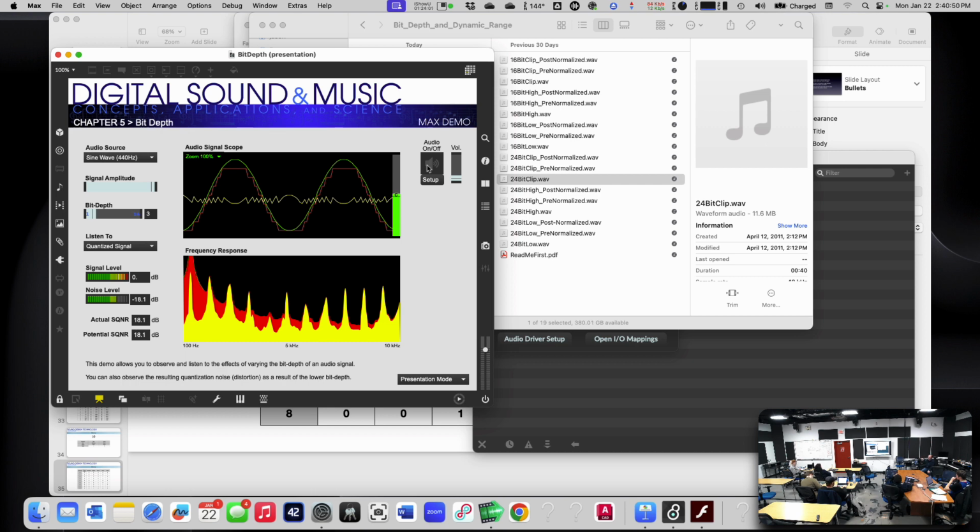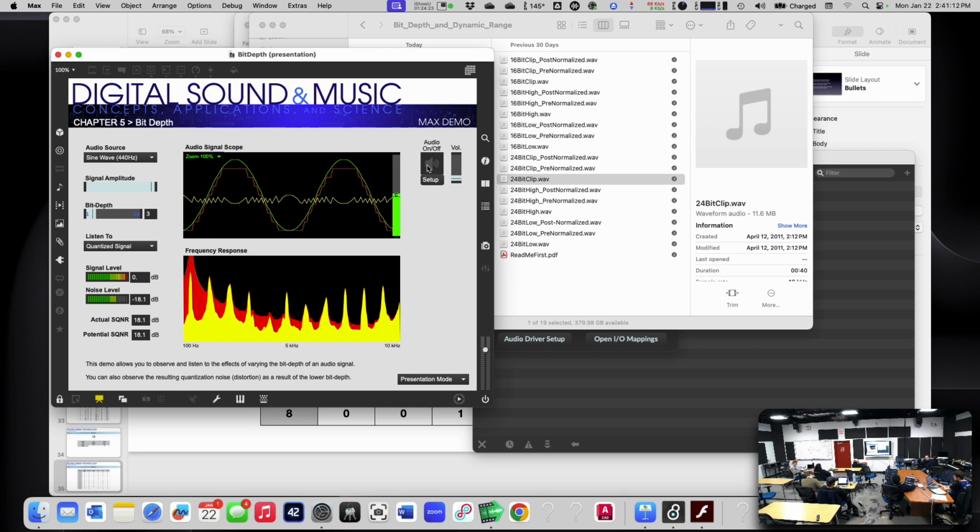And if you clip it, you're dead. It doesn't matter what you do. You can't undo that. There are some plugins that attempt to declip things, but yeah, they don't. Anybody ever had those work really well for you? Not me. I mean, they're okay, but I'd much rather just have not clipped it in the first place.